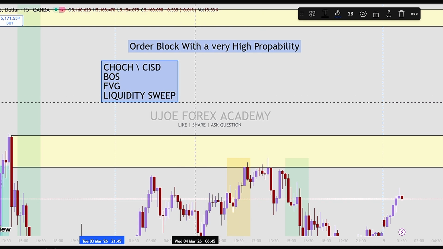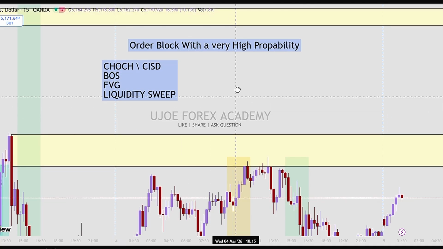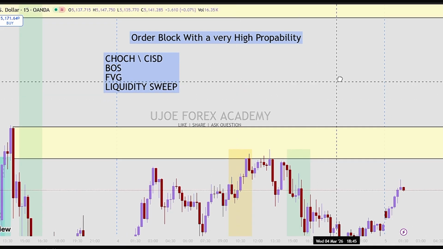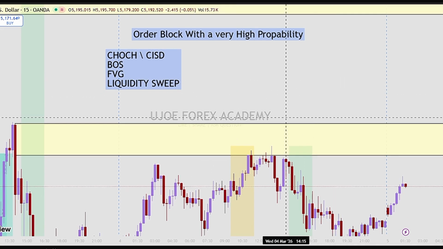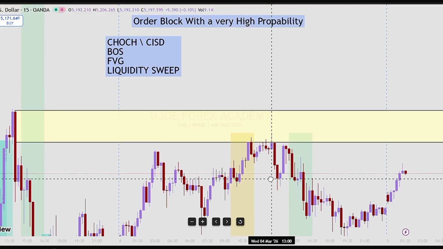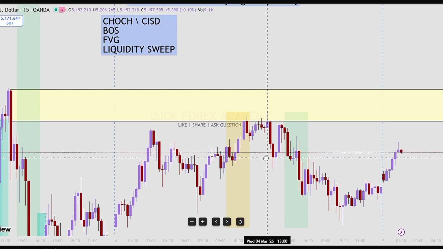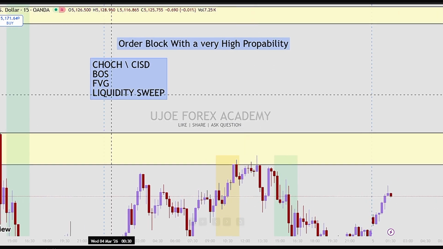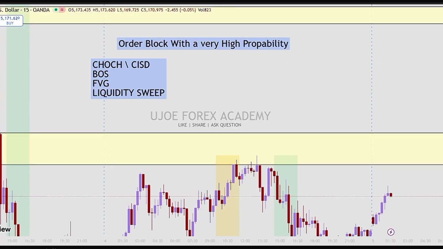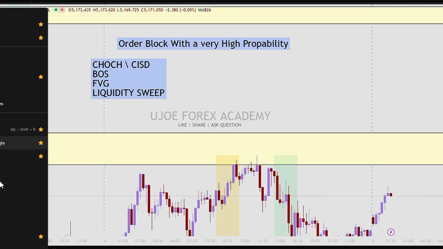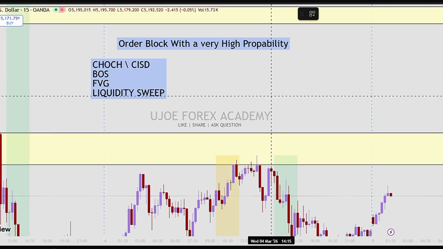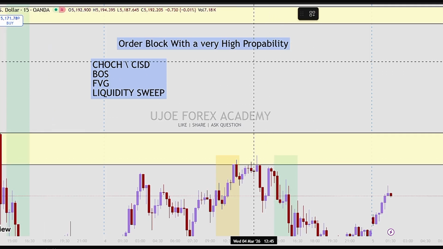So let's go ahead and see if we can identify an order block with a very high probability in the chart. But before we get to the chart, let me give us a skeletal structure of what we are actually looking for. Let's assume this is price action.